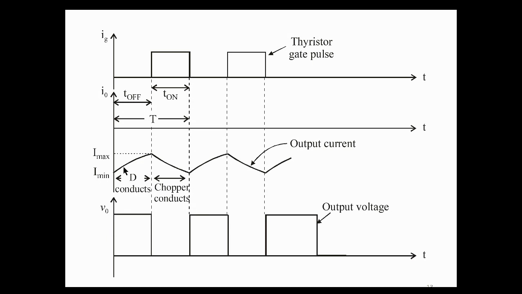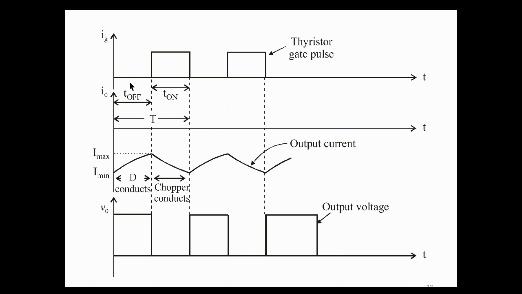And of course, you would have seen where you have the diode conducting when the chopper was off. So we have E supplying a current, and the diode would have been conducting when the chopper is turned off.